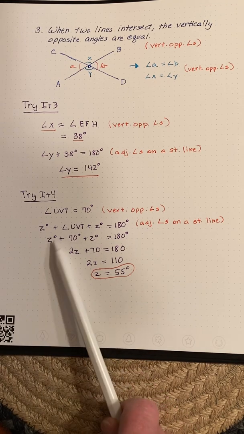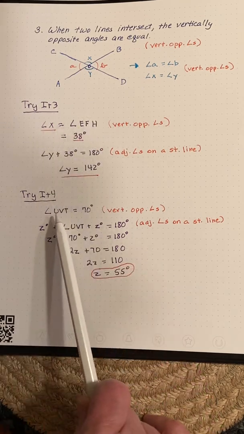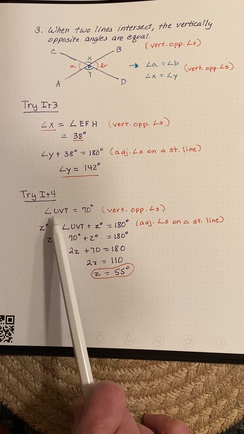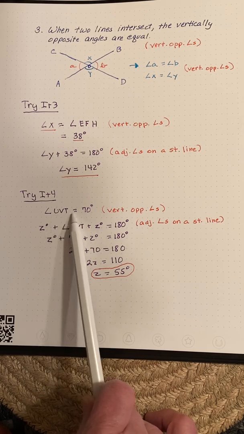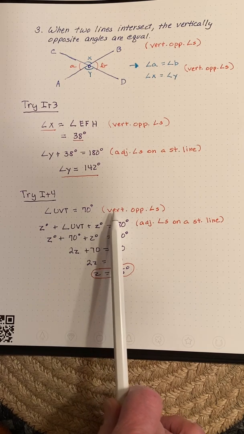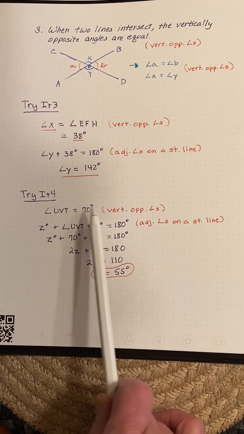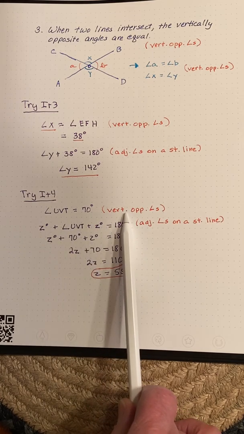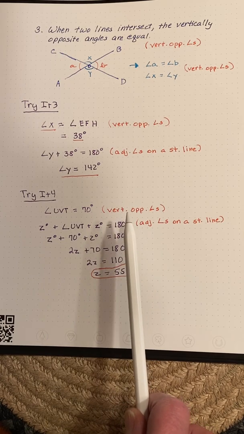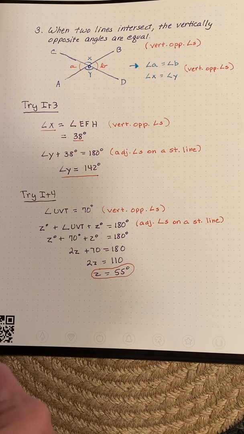So I am going to skip this step this time. I'm just going to say angle UVT, again, V is the vertex, has to be in the middle, is equal to 70 degrees because it's vertically opposite angles. Now, this angle that I just proved by the vertically opposite angle property, and the two Z's that are there, the two Z's are equal, and they're all sitting on a straight line, which is PS.